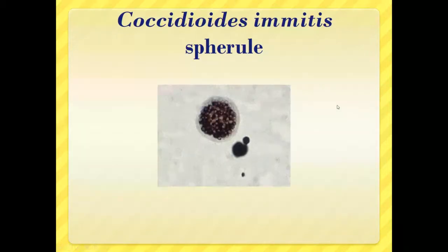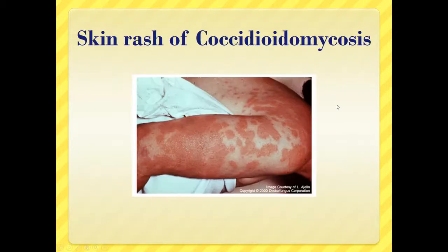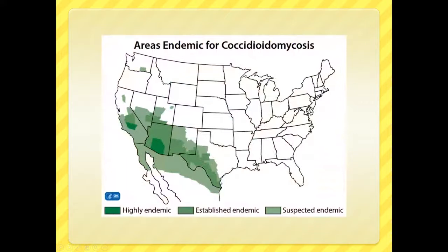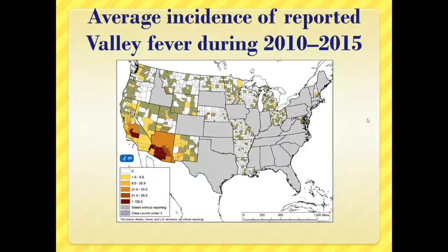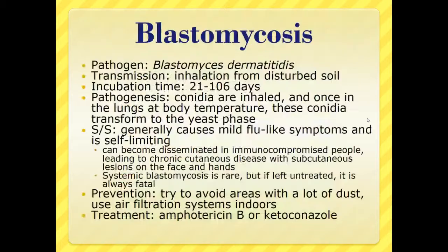And again, most of the time it's going to resolve on its own. Here's the skin rash. It's a very patchy rash. Fortunately, we don't really have to worry about it around here. This is more endemic to the American Southwest, and that's where you see the highest number of cases.